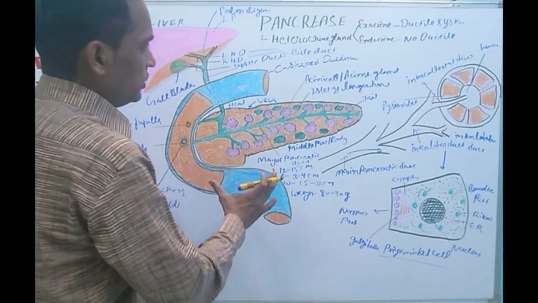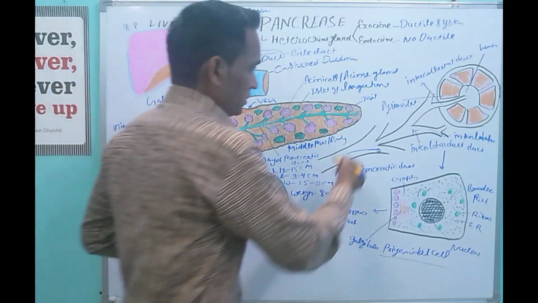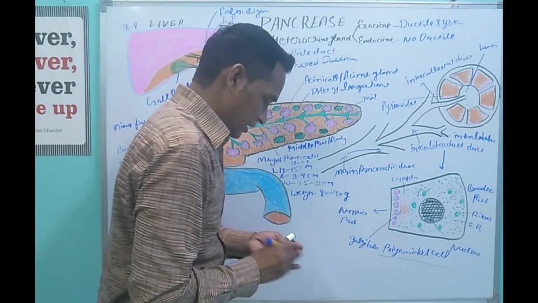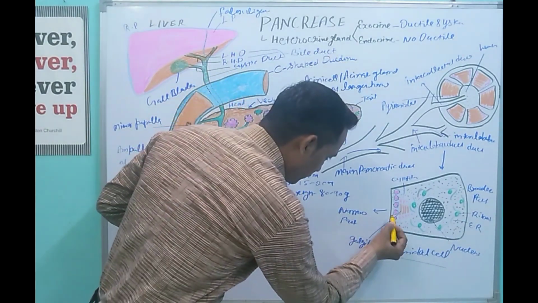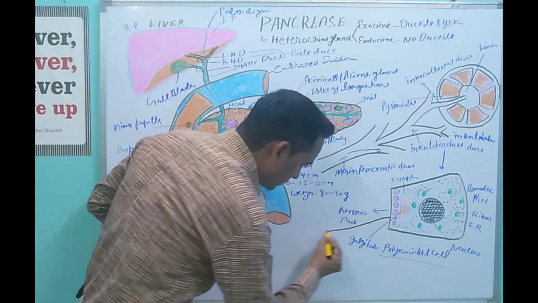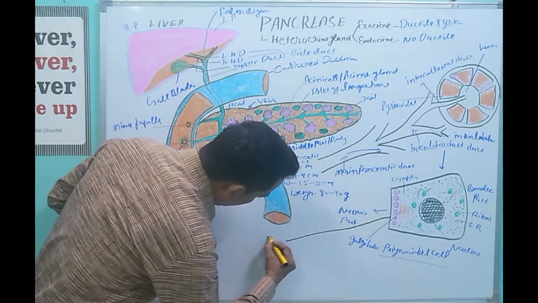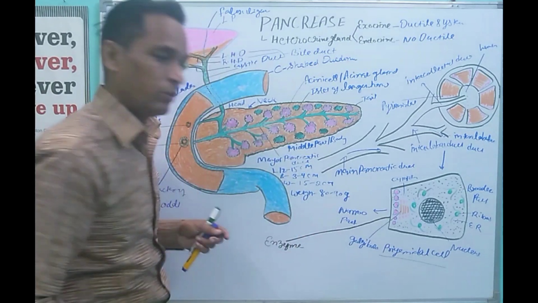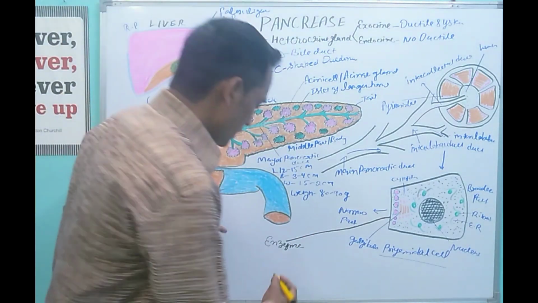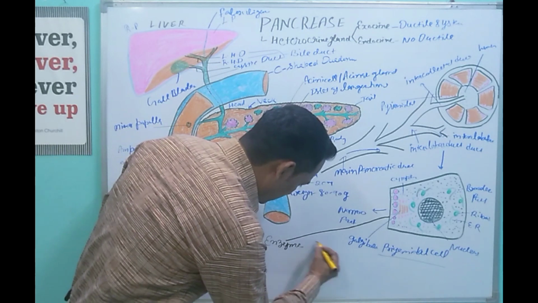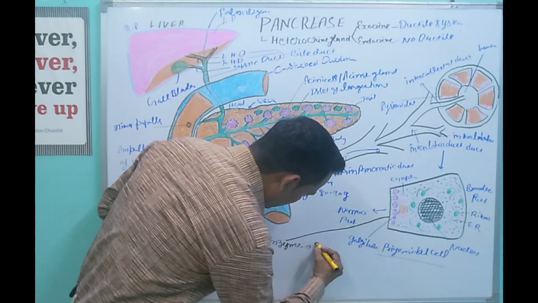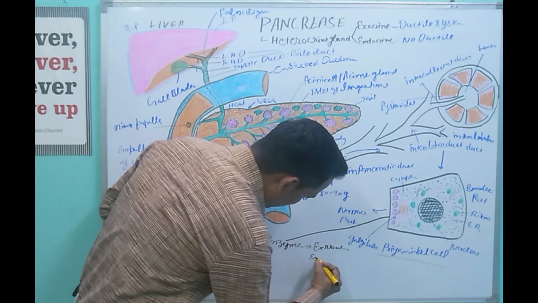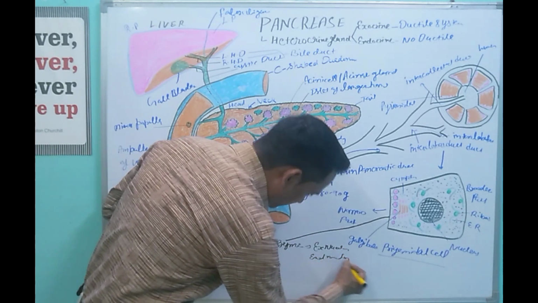Now discussing the acinar cells. These acinar cells have different types of enzymes. These enzymes are of two types: exonuclease or endonuclease enzymes.